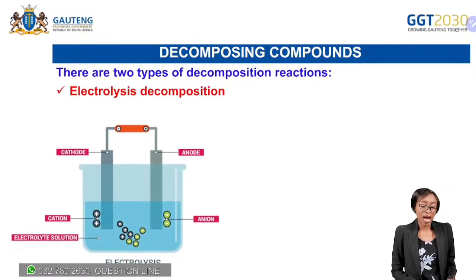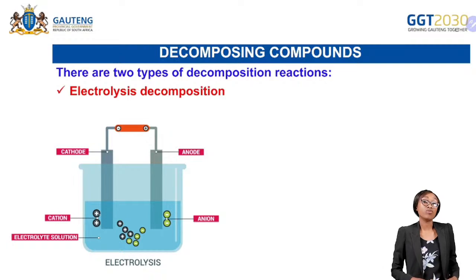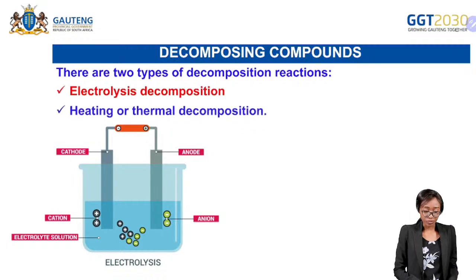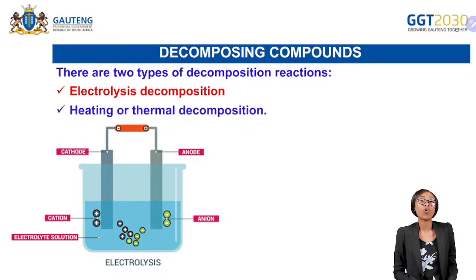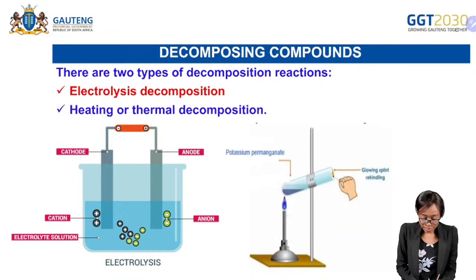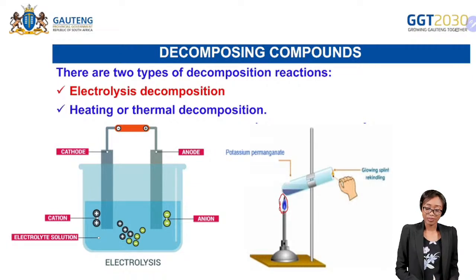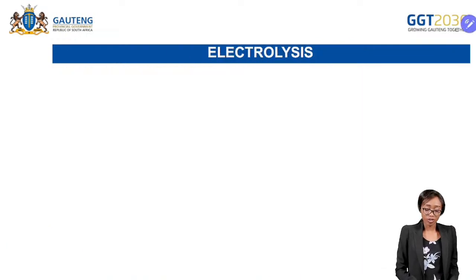This is when we are running an electric current through the solution of the compound to break it down to its elements. So this is an electrolysis decomposition. And then there is heating or thermal decomposition. This is where we heat the compound to break it down to its elements. So those are the two types of decomposition reactions.